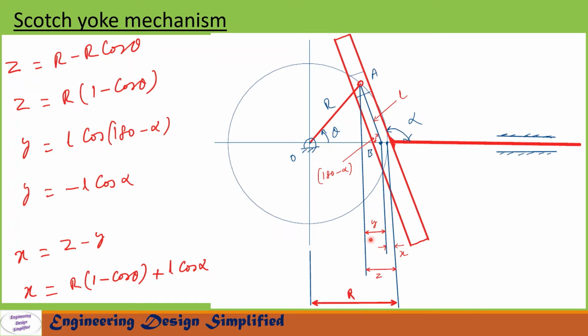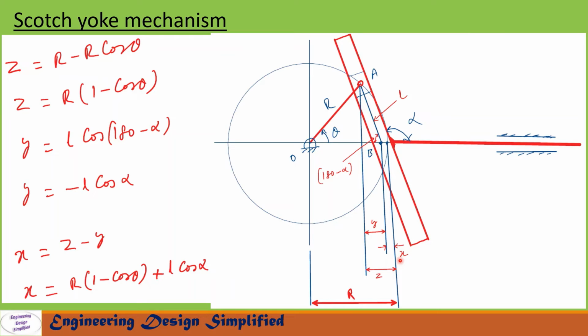So the distance from center of the guide, center of this slider to this point, let us call y. Since this angle is 180 minus alpha, so this distance we can write L cos 180 minus alpha. Let us call this distance L in this triangle OAB. So this distance y can be written as y equal to L cos 180 minus alpha. So cos 180 minus alpha is minus cos alpha. So y equal to minus L cos alpha.